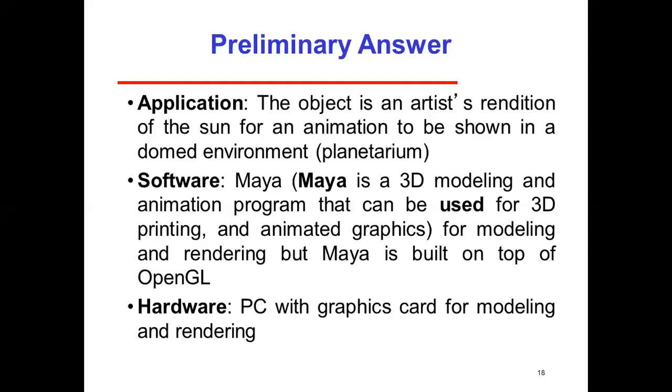Rendering means we change the image by superimposing various images. Hardware means a PC with a graphics card. Ultimately we must have a computer, maybe a desktop or laptop, and there must be a graphics card. Nowadays, as we are already aware, there are also inbuilt graphics cards that are used for modeling and rendering.